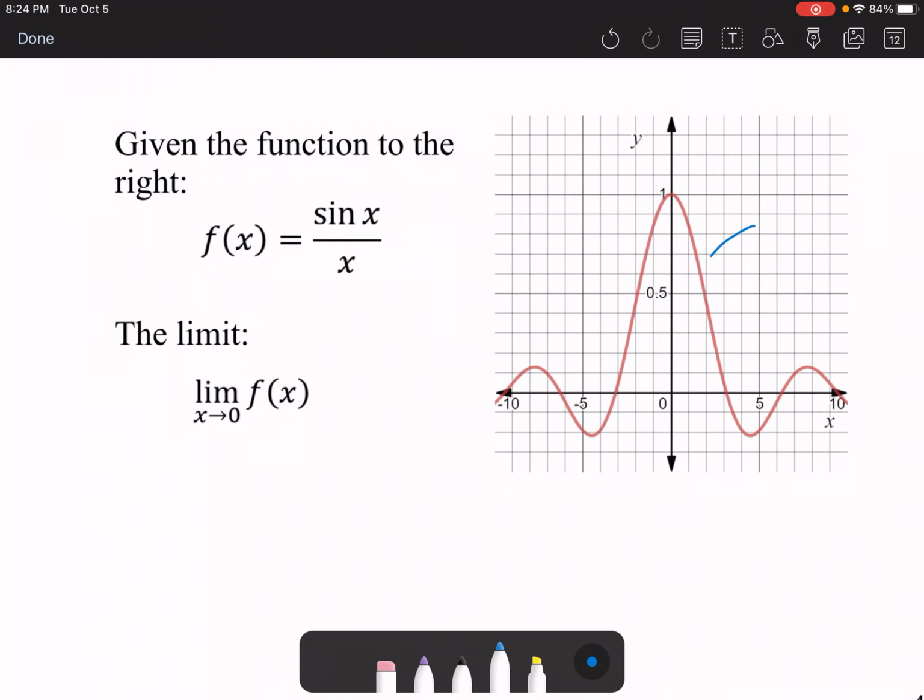This is the actual function f of x here. Based on the graph you can see right here, even though the value doesn't exist right there, there's a hole, the limit as x approaches 0 for this function is equal to 1. We're going to need this information for the next example.